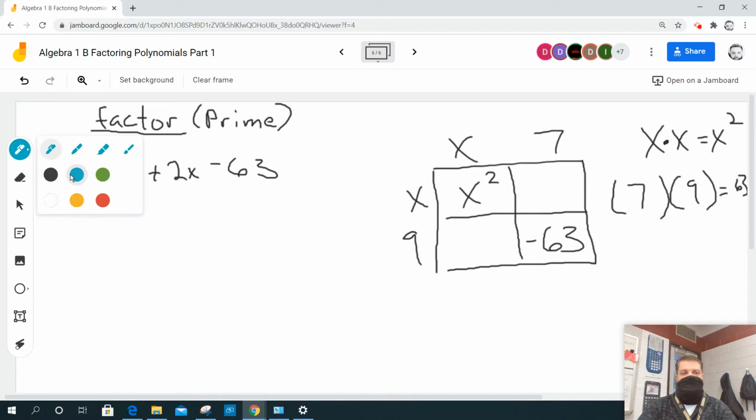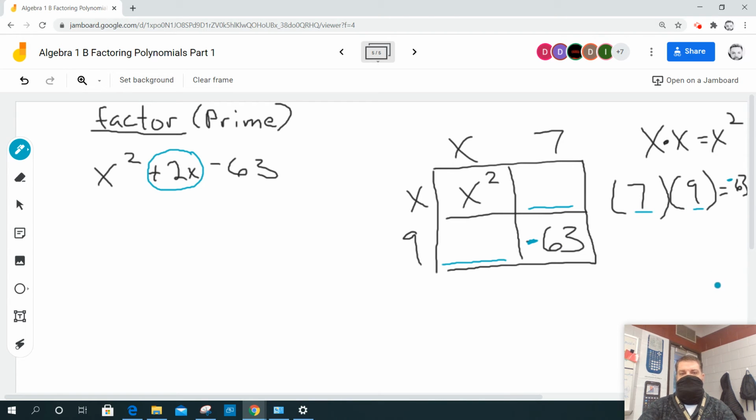Now, there's a couple of things that I need to address. One, the middle term is 2x. Now, remember that this plus this gives me my middle term. Also, I have a negative 63. So that means that either my 9 or my 7 has to be negative. One of them has to be negative because that's the only way I could get a negative 63.